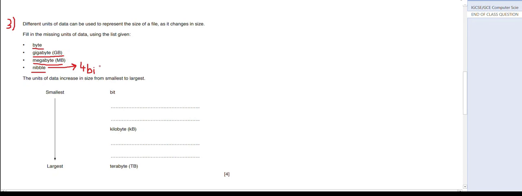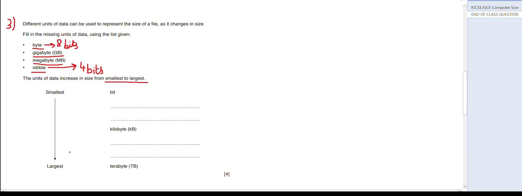Nibble is 4 bits, which is half a byte, and byte is 8 bits. Now byte is 8 bits and nibble is 4 bits. Nibble is half a byte, right? Now the units of data increase in size from smallest to largest.